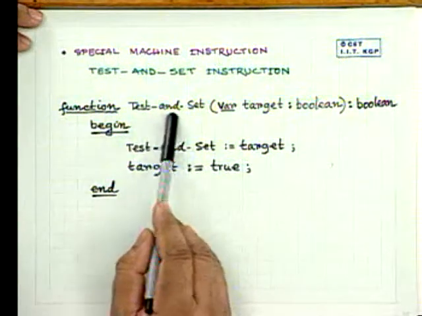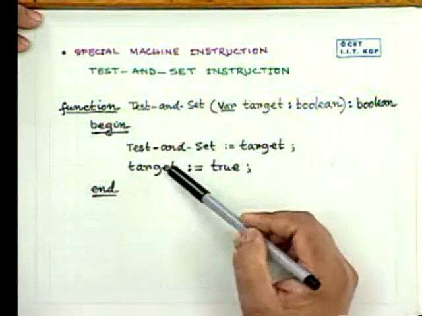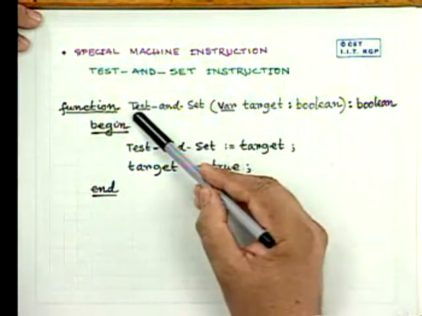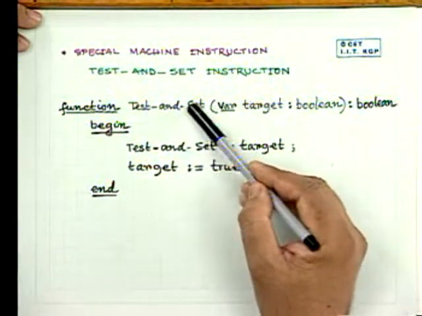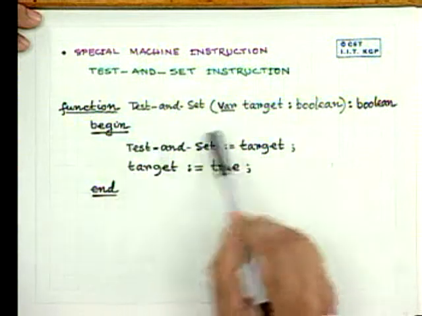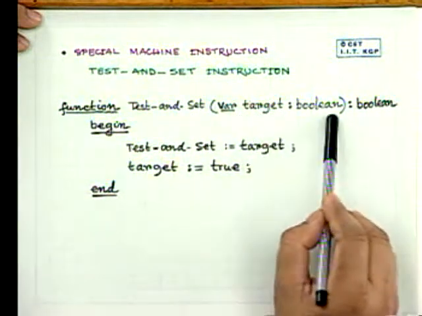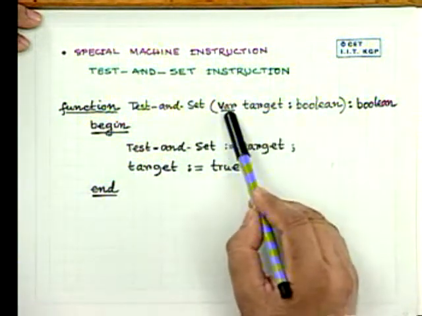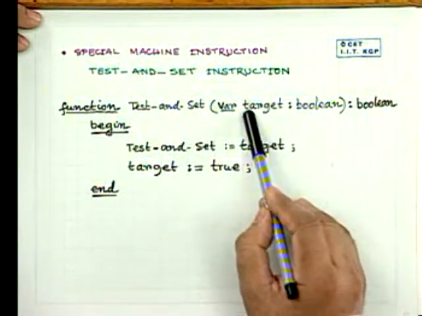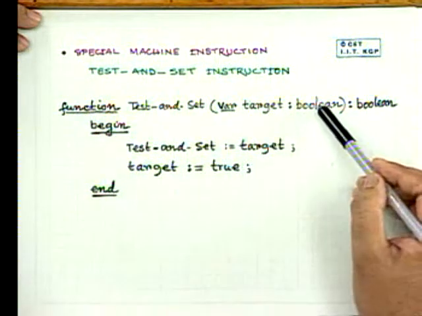Test and set is a function which returns a value, whatever value the function name gets. It has one parameter, a variable parameter named target, whose value is Boolean.